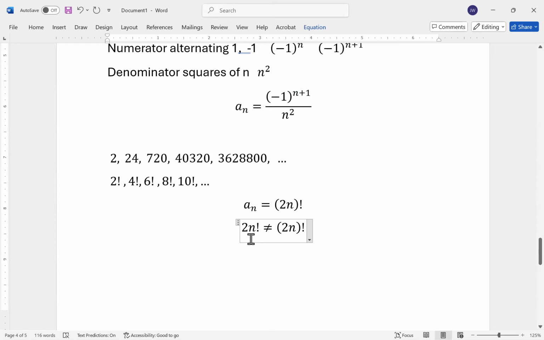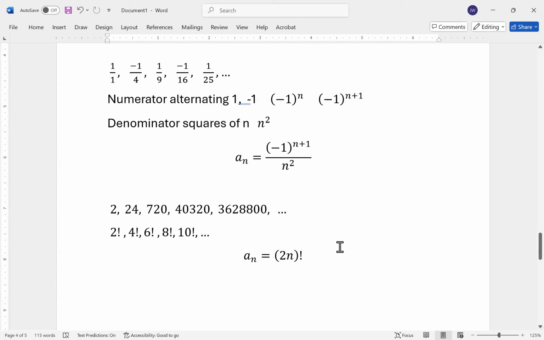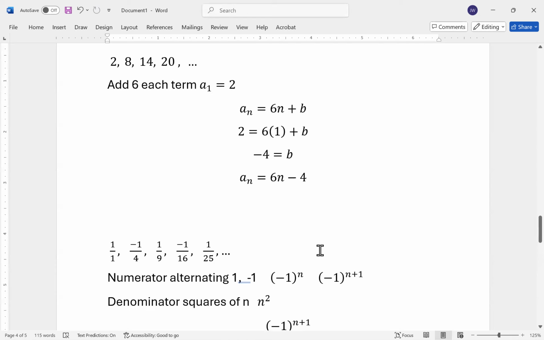And so these are not the same thing. So be careful to have parentheses around the 2n in this example. But there you go. So that is the expression for these three sequences.